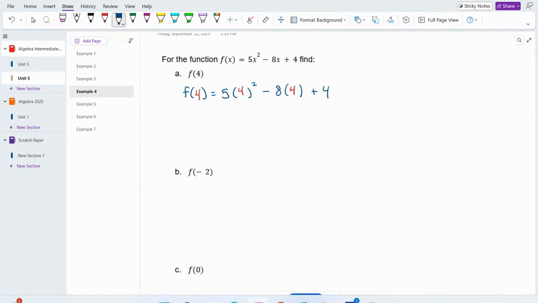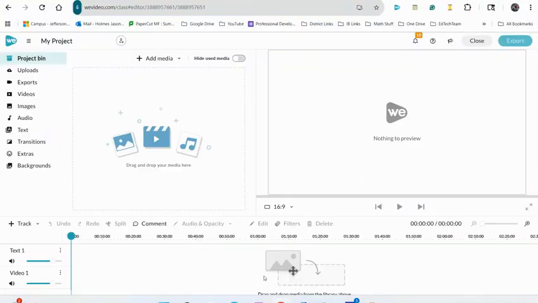Okay. Now, I can do this all by hand, or I can put it into Desmos. I'm going to show you how to put it into Desmos.